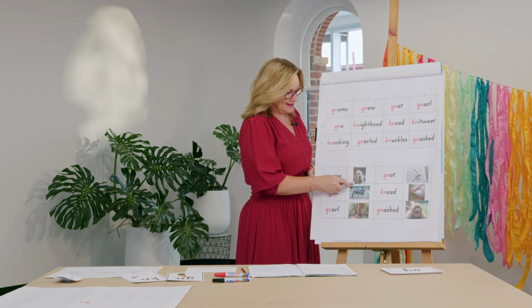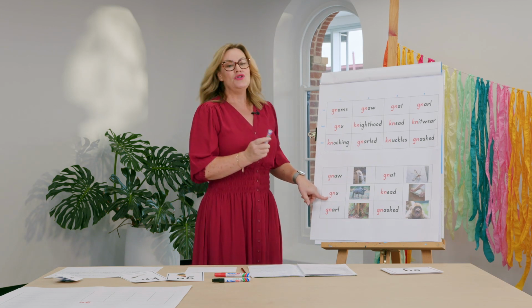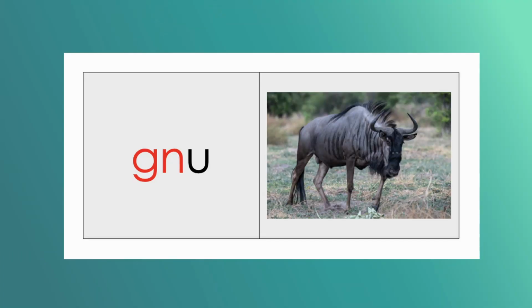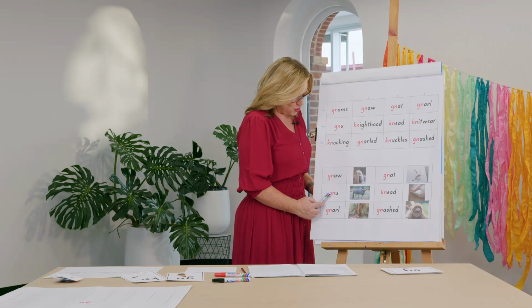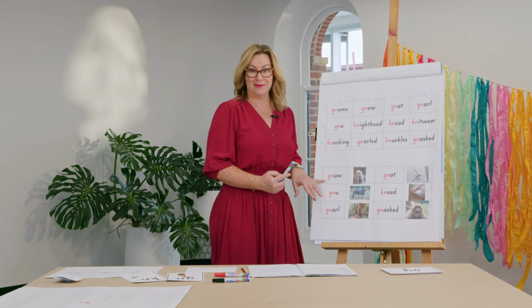Gnaw. It's the action of what's happening here. Gnu. So down here, you can see that this is a very large African beast, and it's from the water buffalo family. So gnu. Unusual, that word. Remember it when you're playing word games.